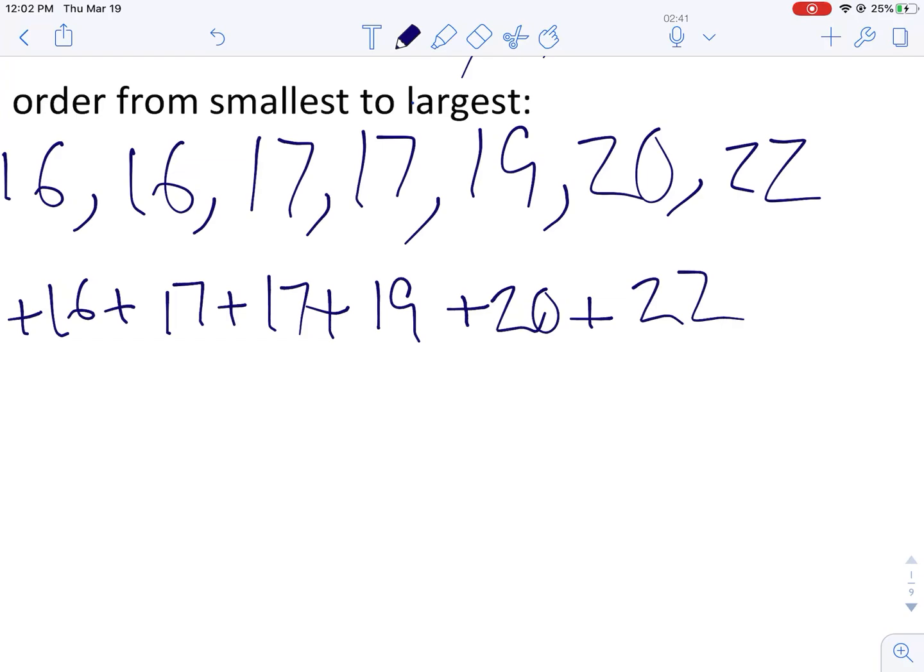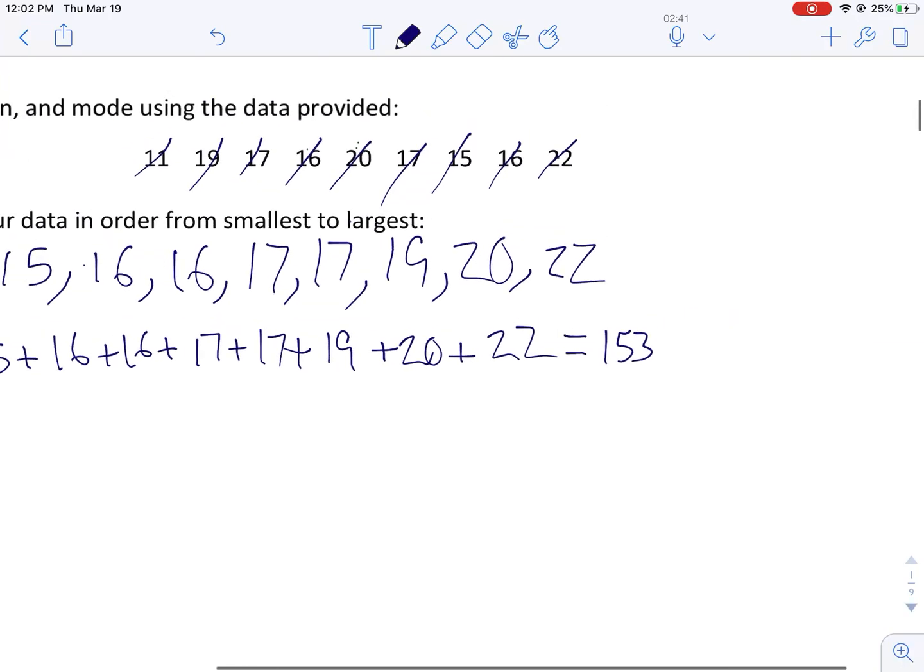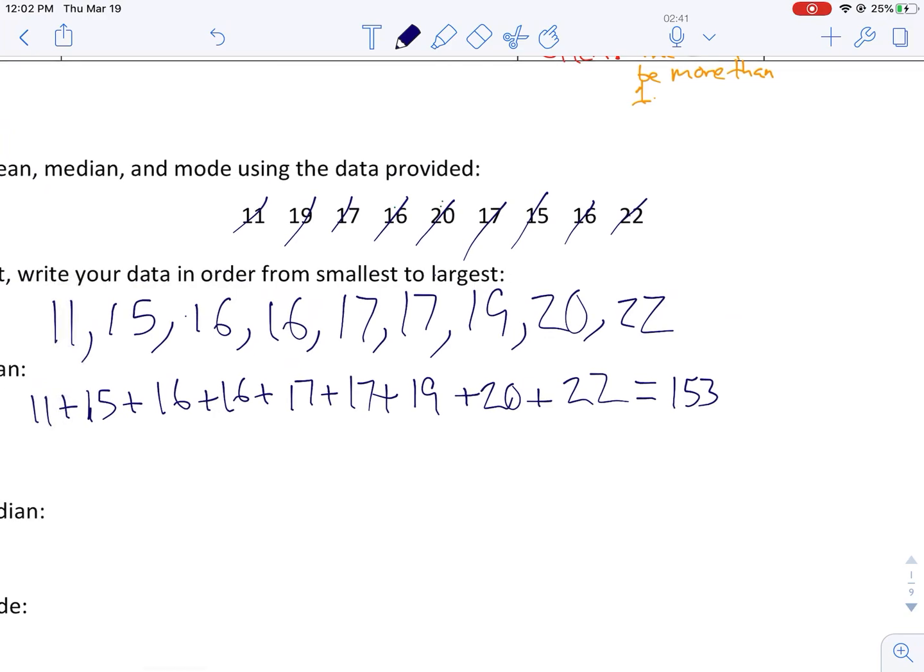That gives us 153. Because I have to divide by the amount of values, there's 1, 2, 3, 4, 5, 6, 7, 8, 9 values. So I'm going to divide by 9. 153 divided by 9 gives me a mean. So x bar equals 17. Okay? So that is my average.